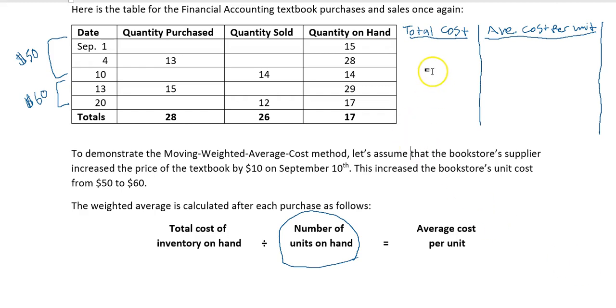The first being total cost of the inventory on hand, and second, average cost per unit. So it's going to be pretty straightforward. You're just going to follow this process and give it a shot, and we'll cover this at the start of the next video.